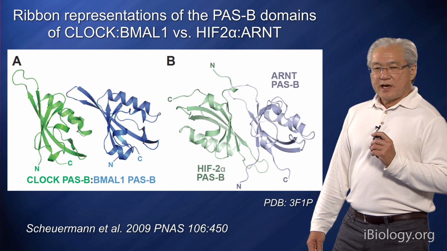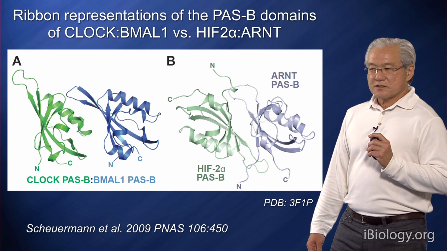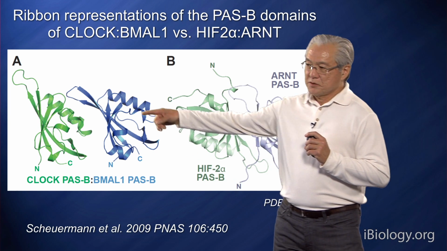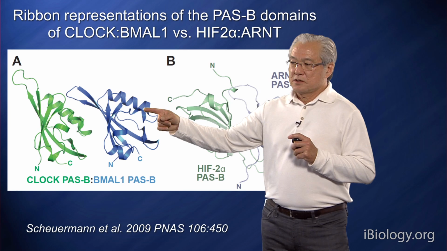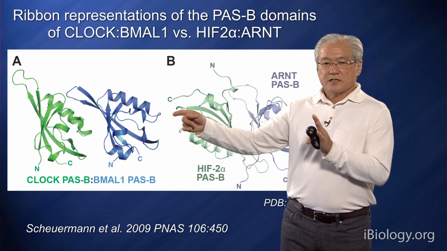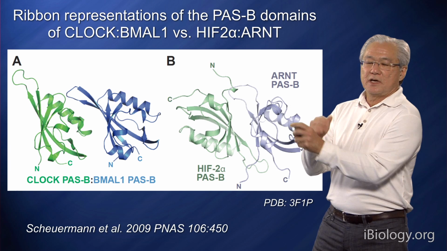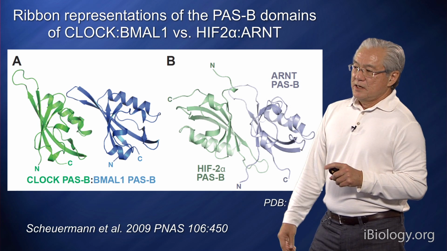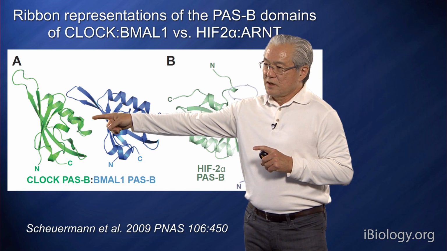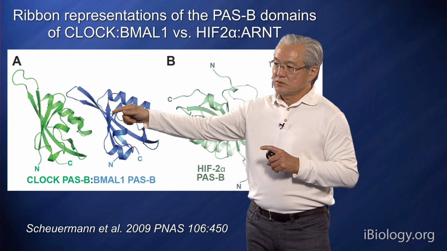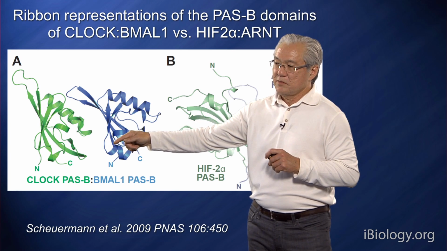Even more interesting, however, are the PAS-B domains of CLOCK and BMAL1, which are shown here, in which BMAL1 actually stacks in a parallel fashion with CLOCK, such that the alpha helical surface of CLOCK is actually interacting with the beta sheet surface of BMAL1.